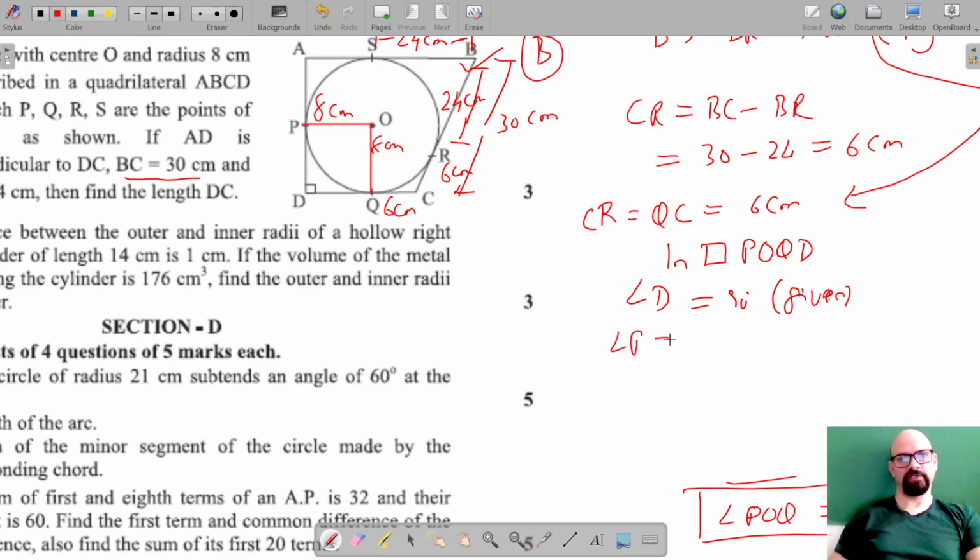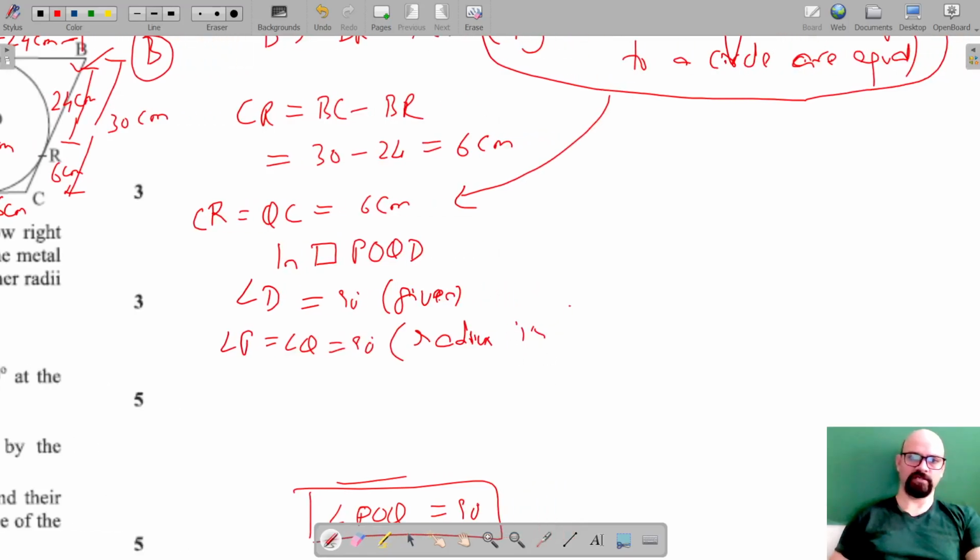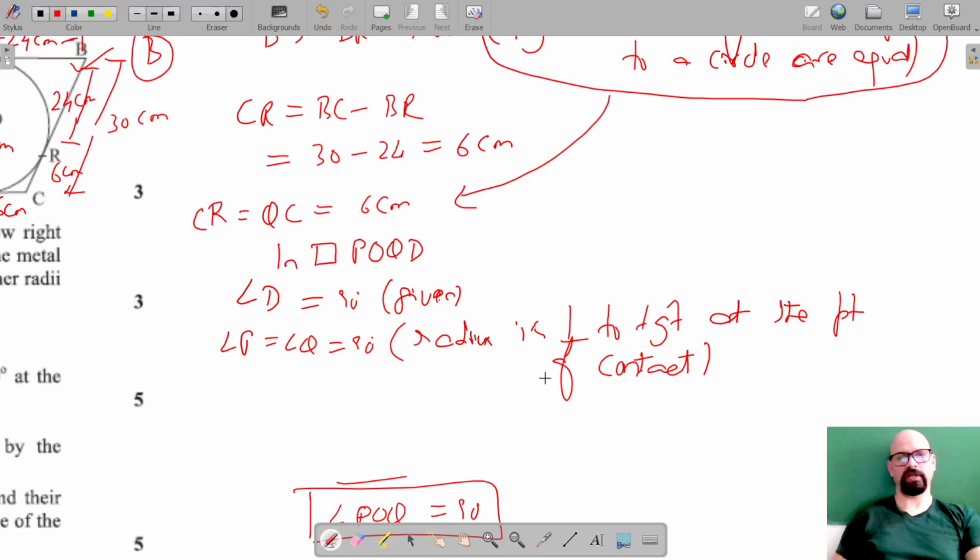And angle P is equal to angle Q. These are also 90 degrees because these are the radii, and the radius is perpendicular to the tangent at the point of contact.